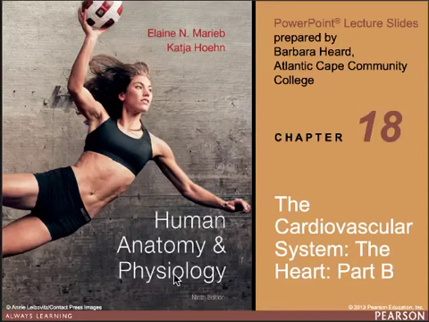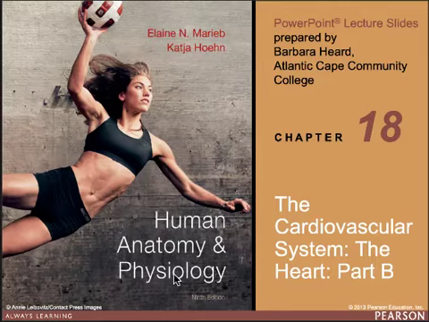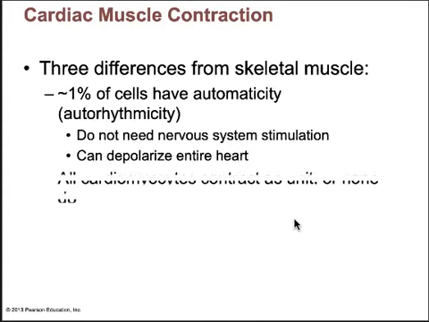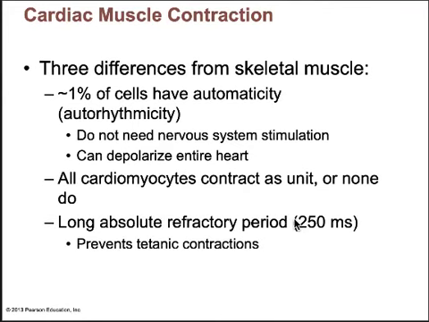Okay, we're here to finish our discussion of the cardiovascular system for Part B of Chapter 18, and we want to begin with a discussion of cardiac muscle tissue, which is unique in that it's striated, branched, has one nucleus per cell, and is connected cell to cell by special junctions called intercalated discs, which are combinations of desmosomes and gap junctions.